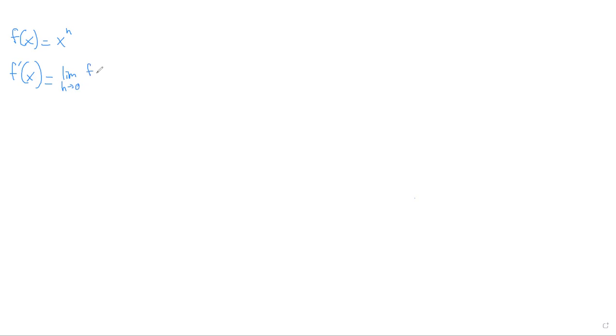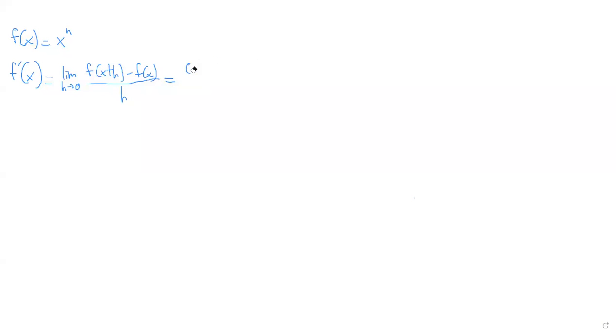So as you know, it's (f(x+h) - f(x)) over h. And that is equal to, f of x is x to the power of n, so f of x plus h is (x+h)^n minus x^n, all over h.